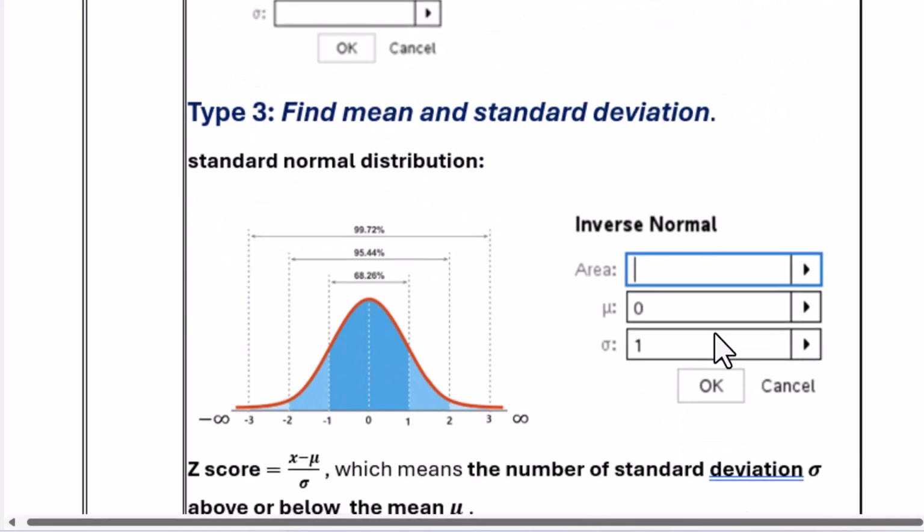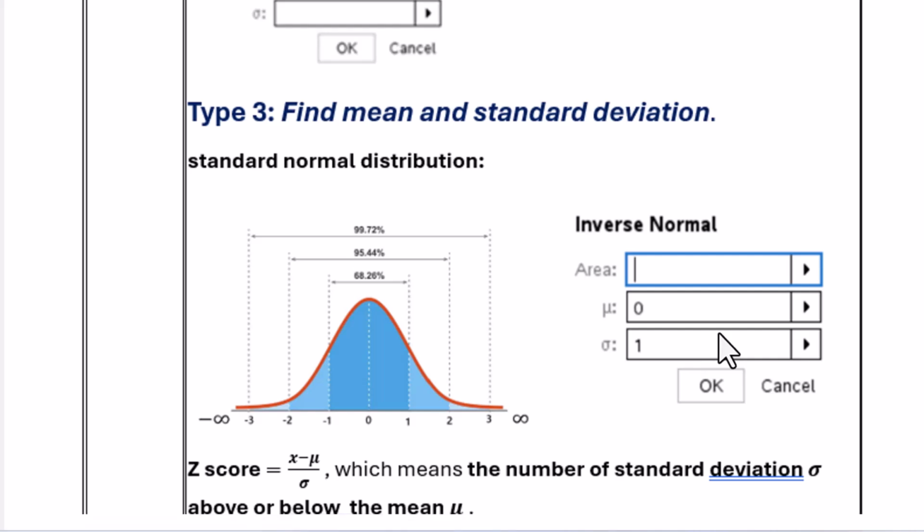Type 3 question for normal distribution is to find the mean and standard deviation. We've got to use standard normal distribution.